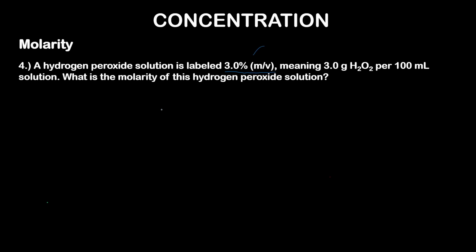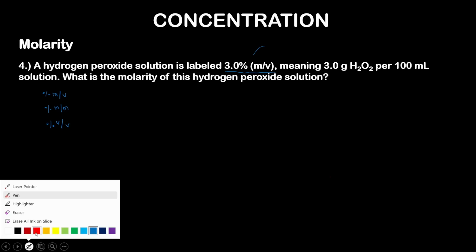You can see, there are three types to express percent: percent M over V, like this one, percent M over M, and percent V over V. Okay, let me change the color.